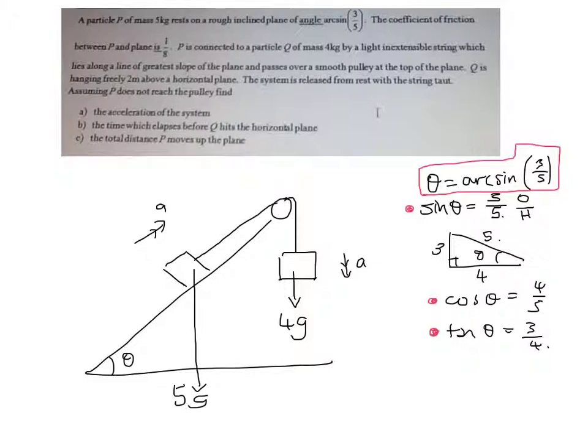And what else do we know? Oh, the friction will act down, mu R, and we've got our normal reaction there. And this is 2 meters above the ground. 2 meters. And we want to find the acceleration.